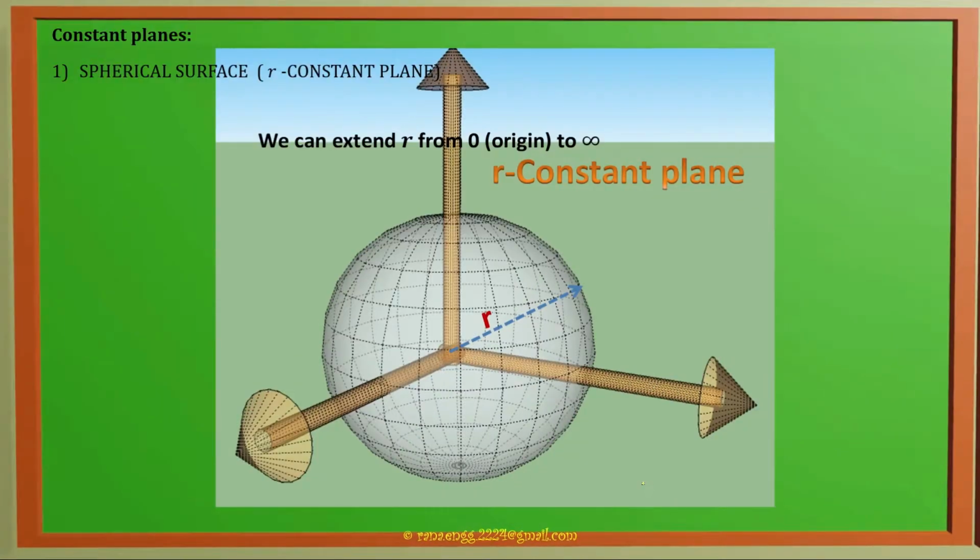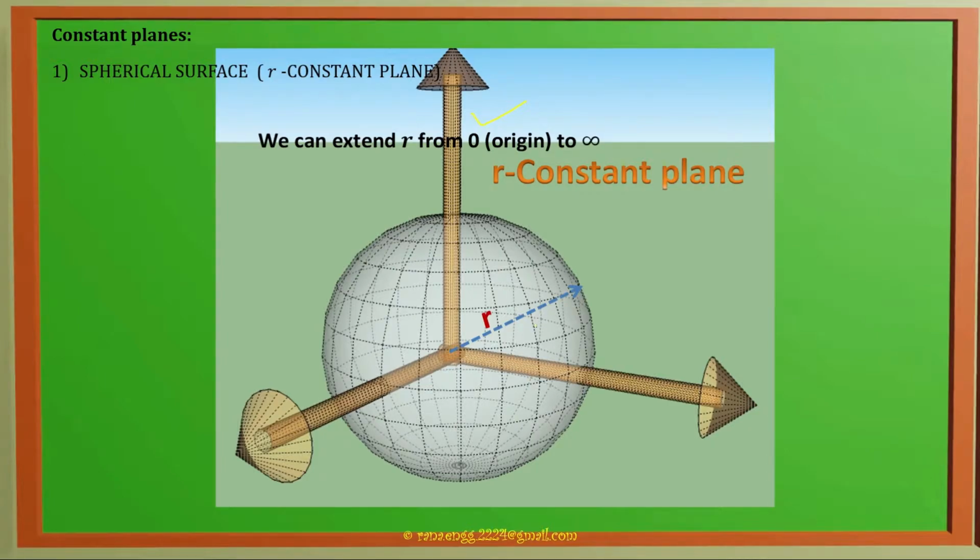Now let us see the constant planes. So first one is radius constant plane. Any point will have a fixed radius from the origin. We start calculating origin from the point where all three axes meet. It is like center of the earth. So this radius starts from 0, from the origin.